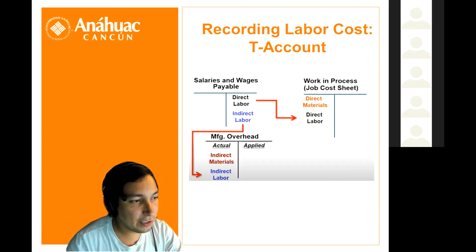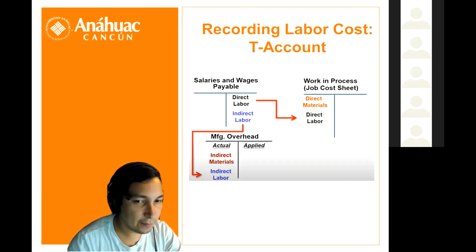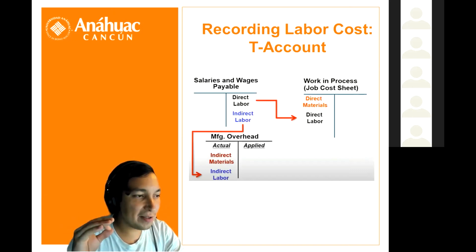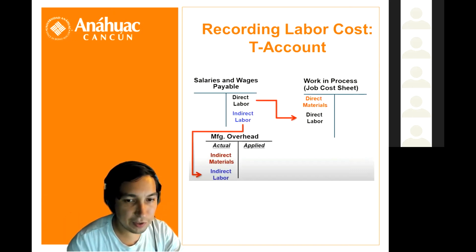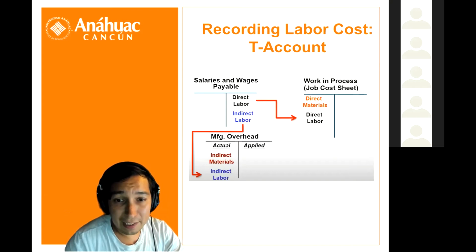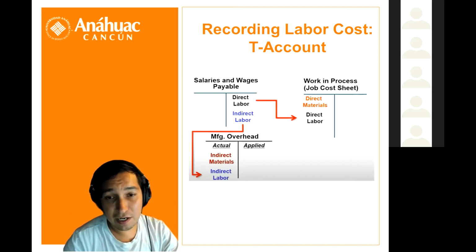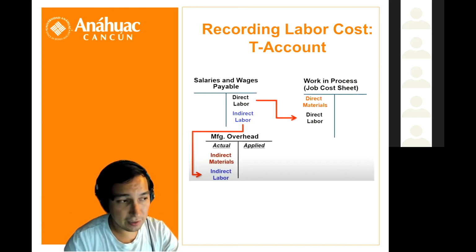All the manufacturing companies and most of the good service companies first create this accrual, this provision, and unlike traditional financial accounting, we don't just expense. Because these are manufacturing costs, they become part of our product cost.